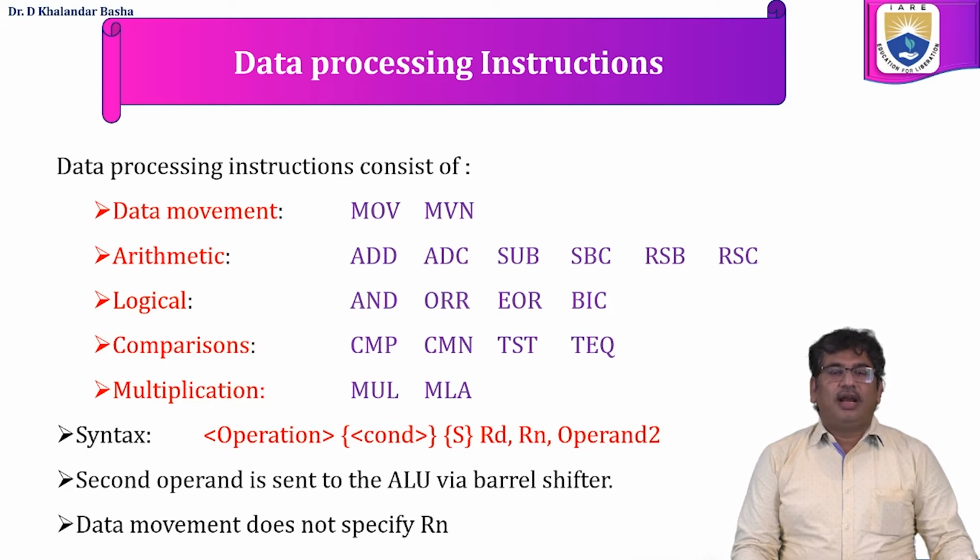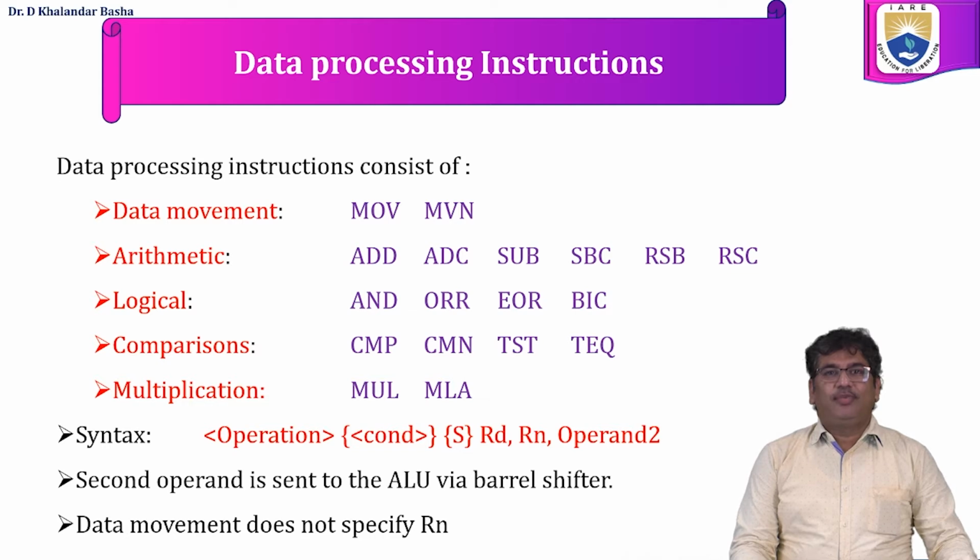Under comparison instructions, we have CMP, CMN, TST, TEQ. Under multiplication, we have MUL, MLA, both short as well as long. That means for 32-bit data as well as for a result of size 64-bit.